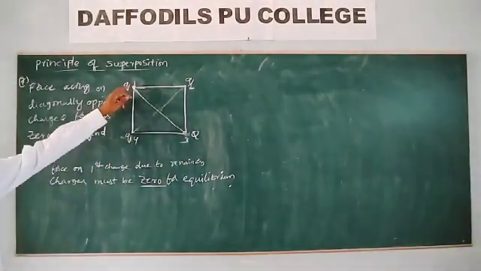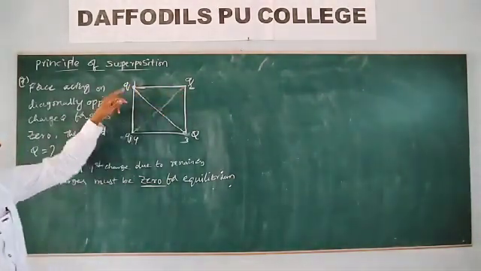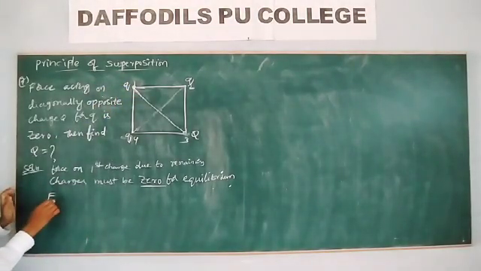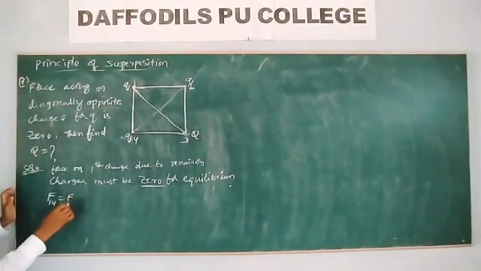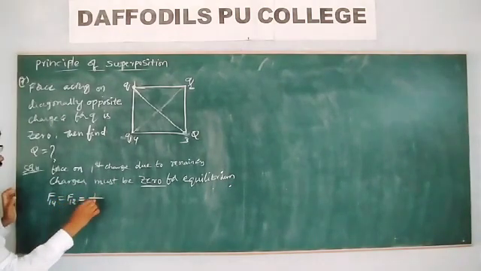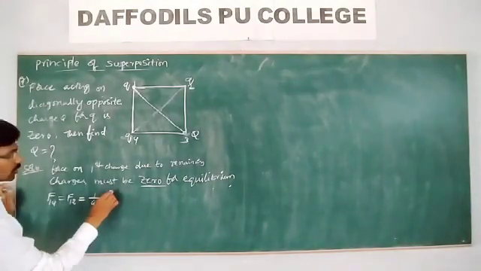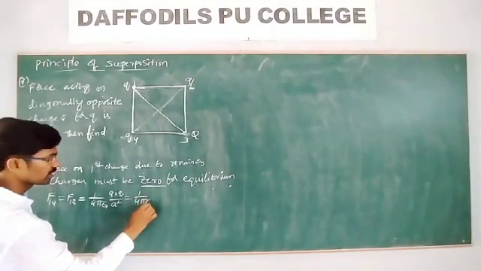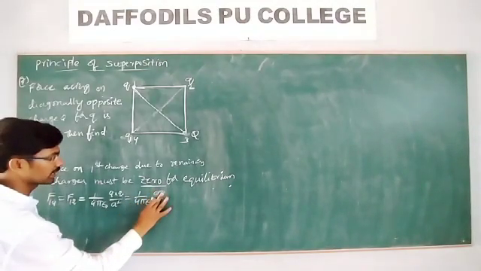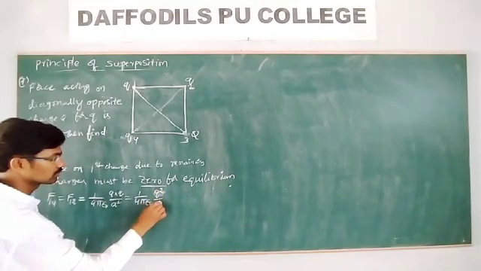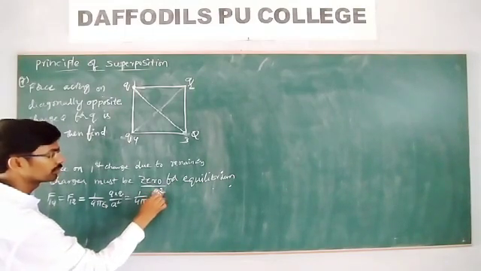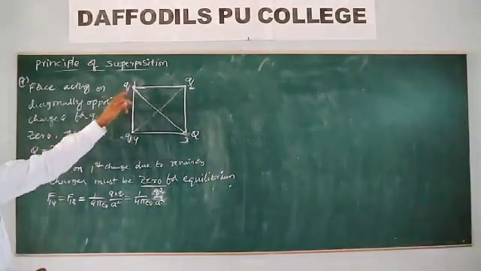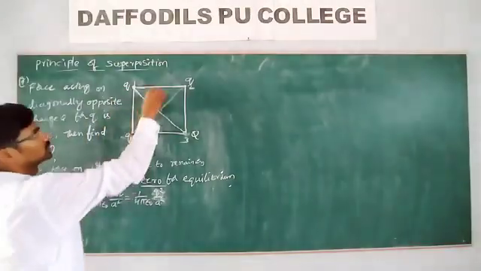As we calculated already, force on the first charge due to the second one, and force on the first charge due to the fourth charge. F14 is equal to F12, that is equal to 1 by 4 pi epsilon naught q into q by a square, that is 1 by 4 pi epsilon naught q square by a square.